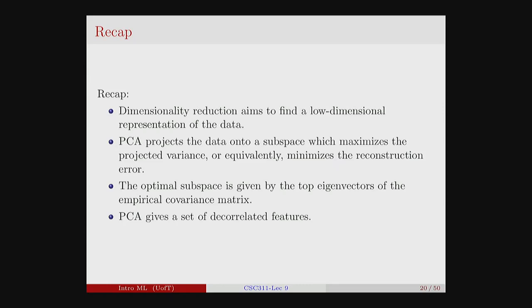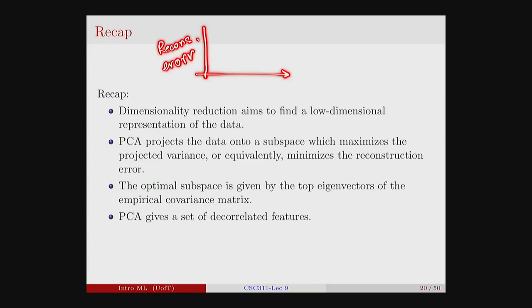That's a great question. So k is a hyperparameter for this unsupervised learning algorithm. In practice, what people often do to choose the value of k is make a plot. On the y-axis of the plot is the reconstruction error, or the variance, or the negative of the variance explained.